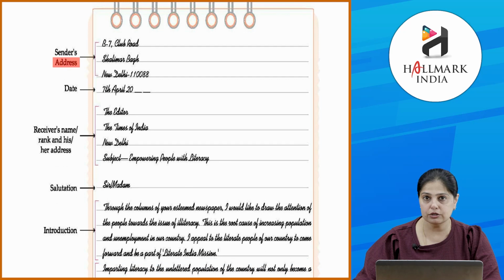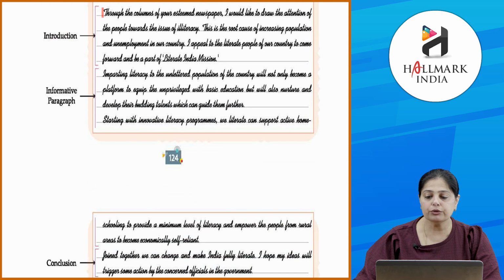Sender's address जो हमने ऊपर पढ़ा था, B7 Club Road, Shalimar Bagh, New Delhi 110088, followed by the date, then the receiver's name, rank and his or her address, the editor, the Times of India, New Delhi, subject: empowering people with literacy. Salutation: Sir or Madam. Introduction: Through the columns of your esteemed newspaper, I would like to draw the attention of the people towards the issue of literacy.